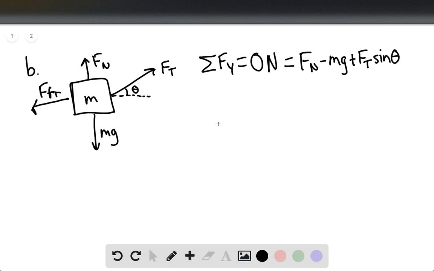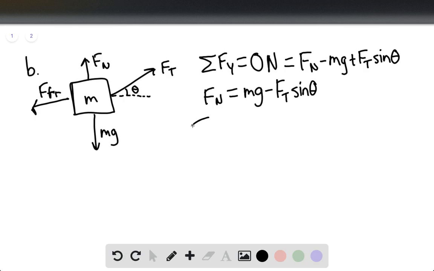So force normal is going to be equal to mg minus force tension sine of theta, which makes sense because if the force tension is being applied at an angle, it will alleviate some of the force normal, because it'll essentially lift the person up a little bit. So the force normal exerted by the water on the person won't be as much, because again, force tension is essentially alleviating this a bit.